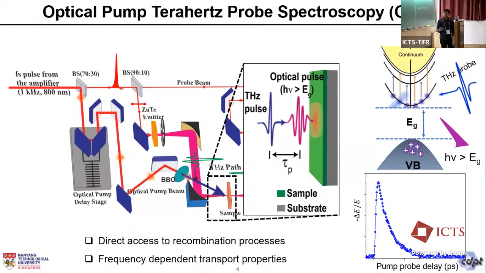Currently, we are developing a terahertz pump terahertz probe spectroscopy, where we will replace this optical pump with a terahertz pump using a high power terahertz source. In that way, we can do this charge dynamics in low band gap materials, for example, topological materials or graphene.